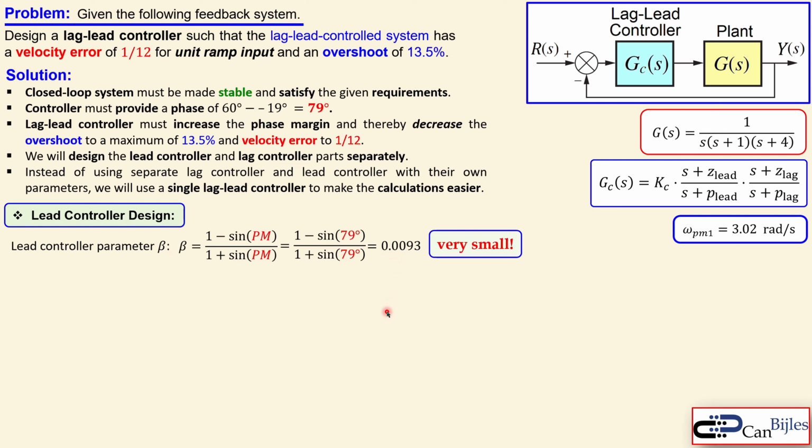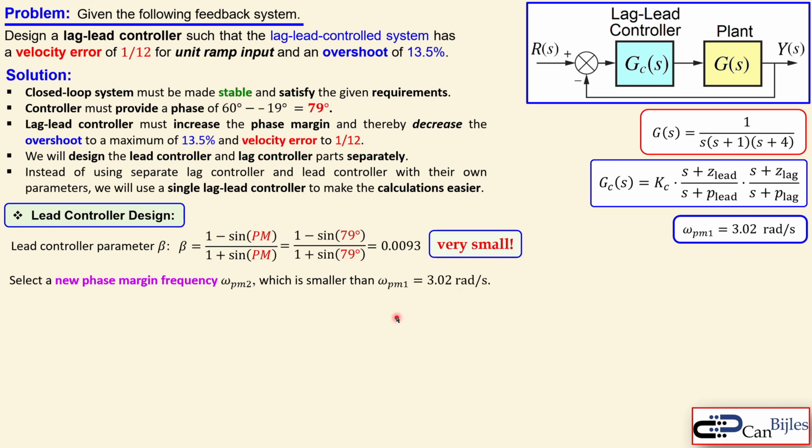This is maybe possible, but not really practical in some component values. So you can say, let's now select a new phase margin frequency, which is smaller than this 3.02 radians per second, and that will also make the realization of this controller easy. So that is an option.